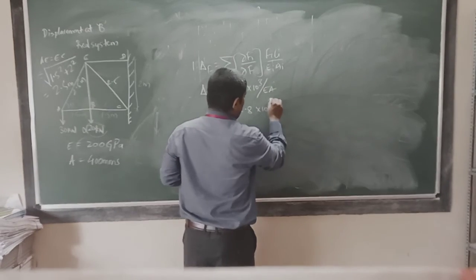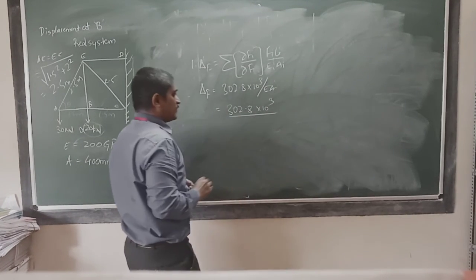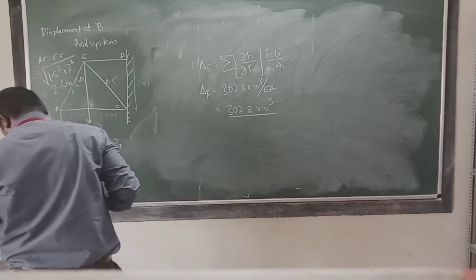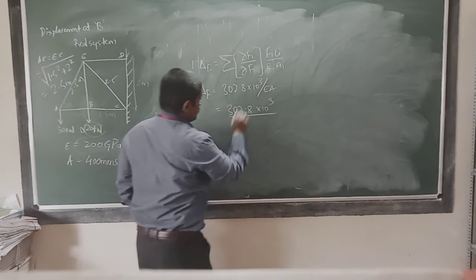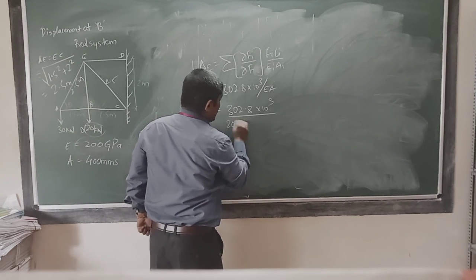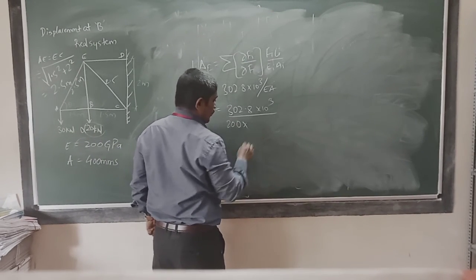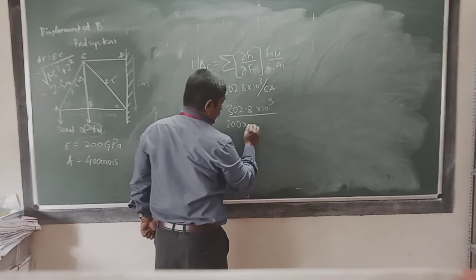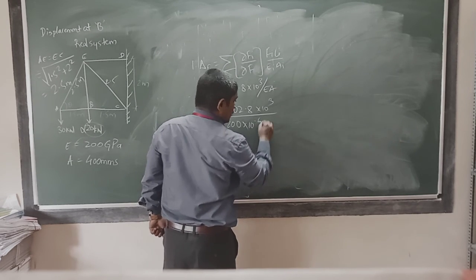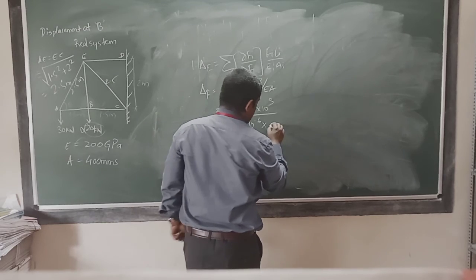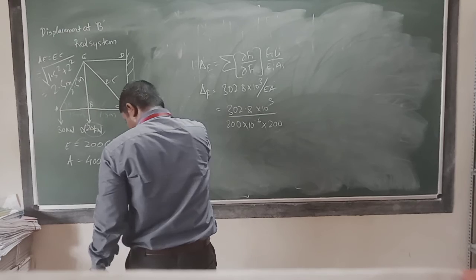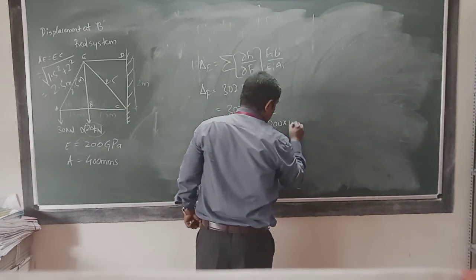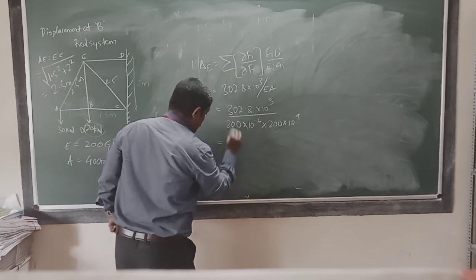Into 10 raised to 3 divided by, so I want the answer in meter. Okay, so area is 200 mm square, so if you want in meter square, into 10 raised to minus 6, into 200 GPa, so it will become 200 into 10 raised to 9, giga is 10 raised to 9.